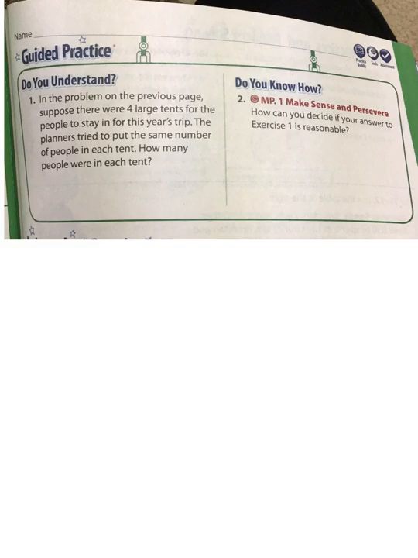Number 1. In the problem on the previous page, suppose there were 4 large tents for the people to stay in for this year's trip. The planners tried to put the same number of people in each tent. We want to find out how many people were in each tent.